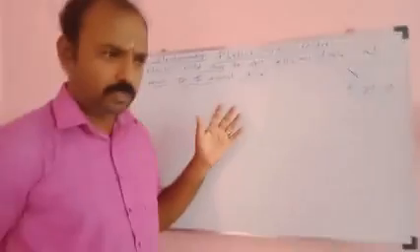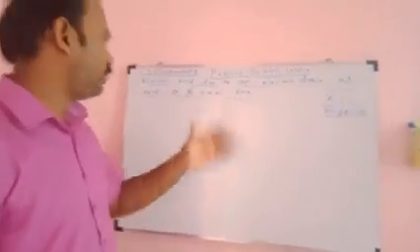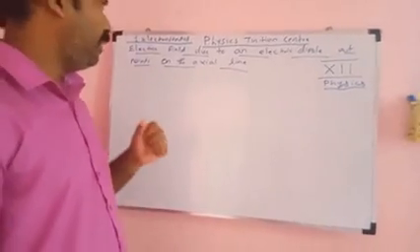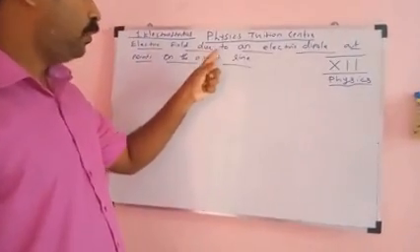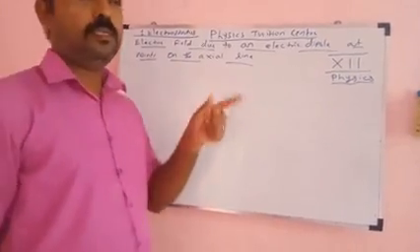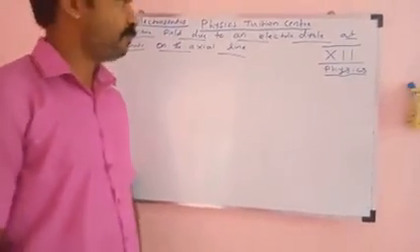It's a very important question, a 5-mark question. How to find the electric field due to an electric dipole at a point on the axial line.